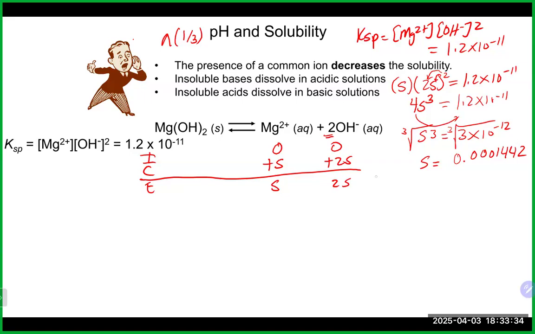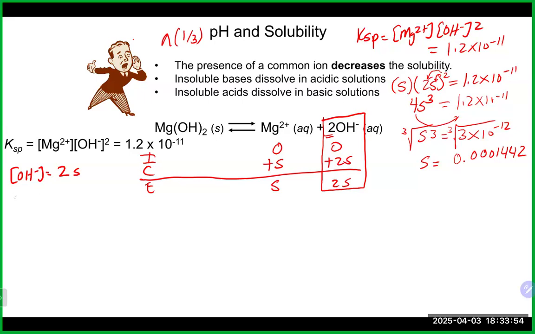That is going to give us the molar solubility here. We're going to put that into, for example, the hydroxide concentration. So if I took that into the hydroxide concentration at equilibrium, it actually equals 2 times s.